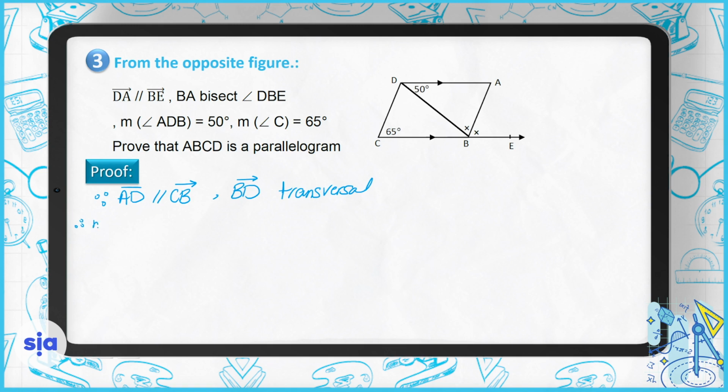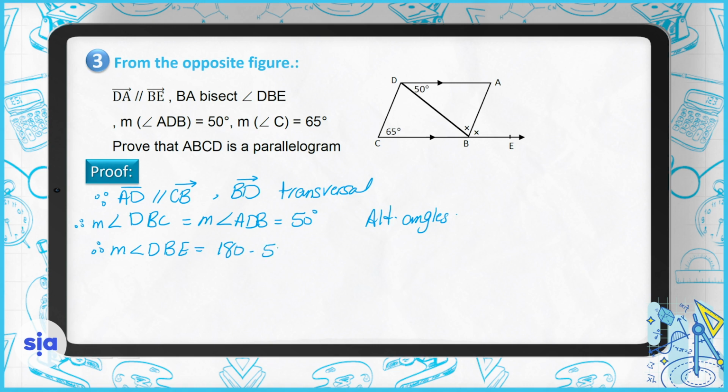therefore, the measure of angle DBC is equal to the measure of angle ADB, which is 50 degrees, as they are alternate angles. Therefore, the measure of angle DBE is equal to 180 minus 50, which is 130 degrees.